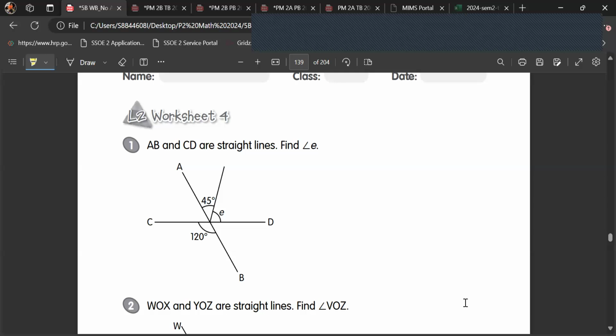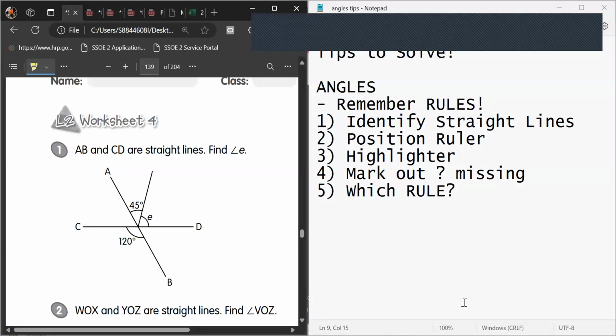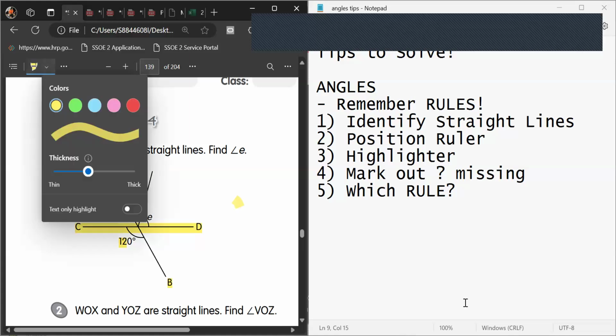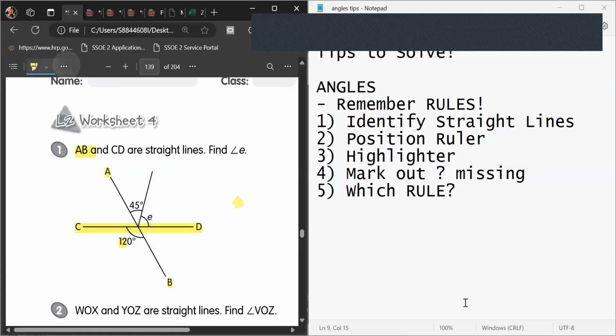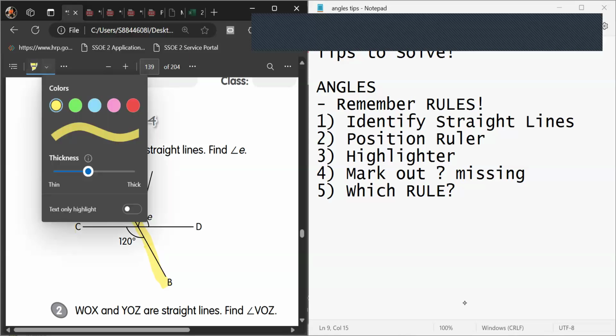So over here, the straight lines are here. AB is one straight line, and then line CD.